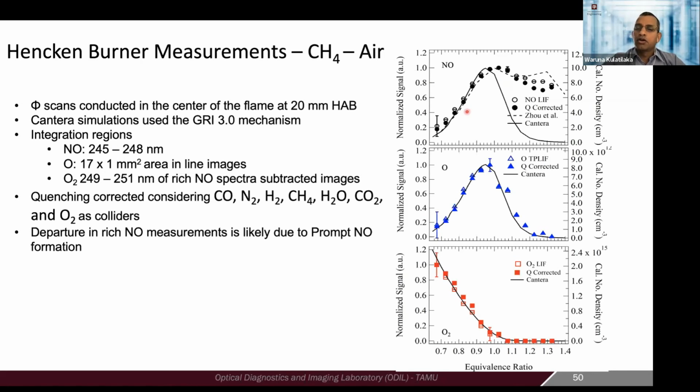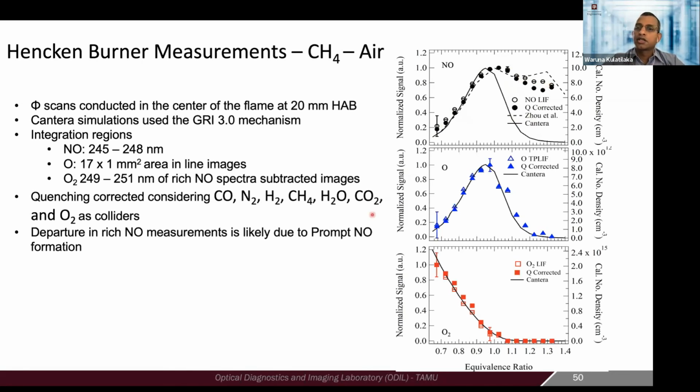NO agrees very well on the lean side, but does not agree with the equilibrium calculations on the rich side. What we found out later on is that we compared with the previous NO measurement using a nanosecond laser, which agrees reasonably well.